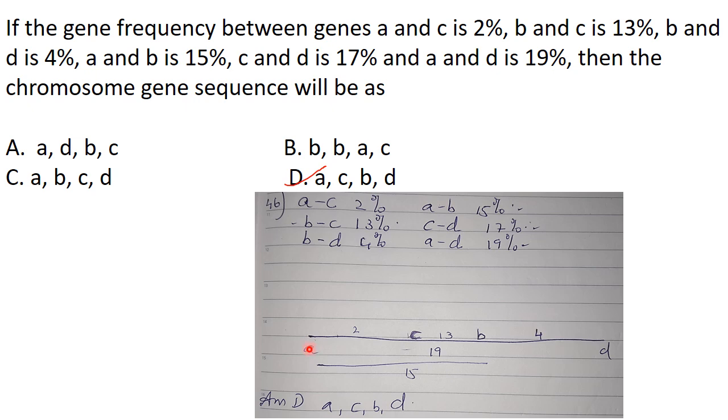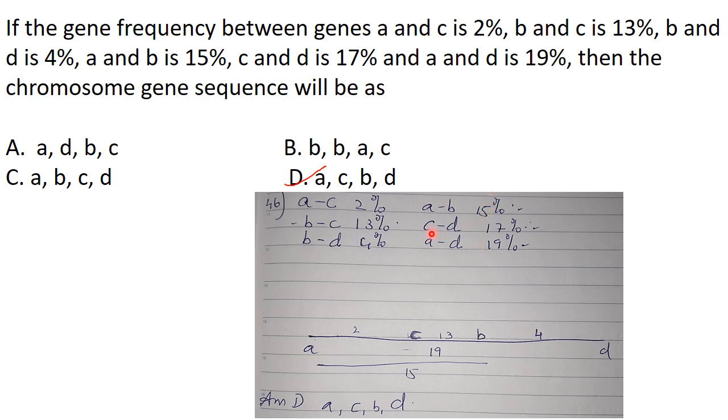We will check it out. A and D is 19%. So that's correct. A and C 2%. That is okay. B and C 13. That is okay. B and D 4%. Okay. A and B 15. So 2 plus 13 is 15.